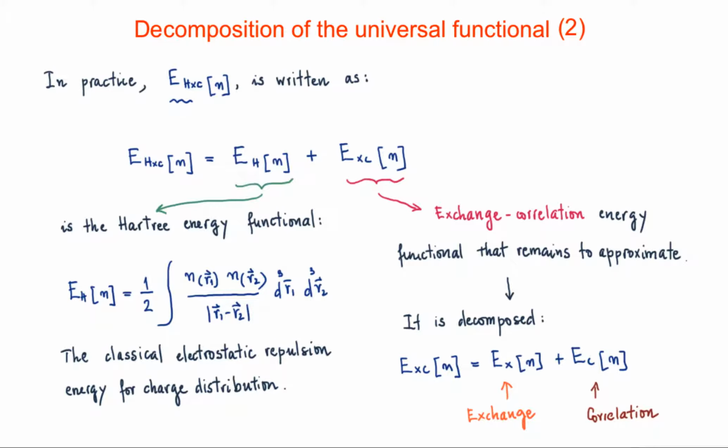If you remember, in this Kohn-Sham method, we were decomposing the total energy functional in two terms: the kinetic energy functional of this non-interacting fictitious system and this Hartree exchange and correlation energy functional.